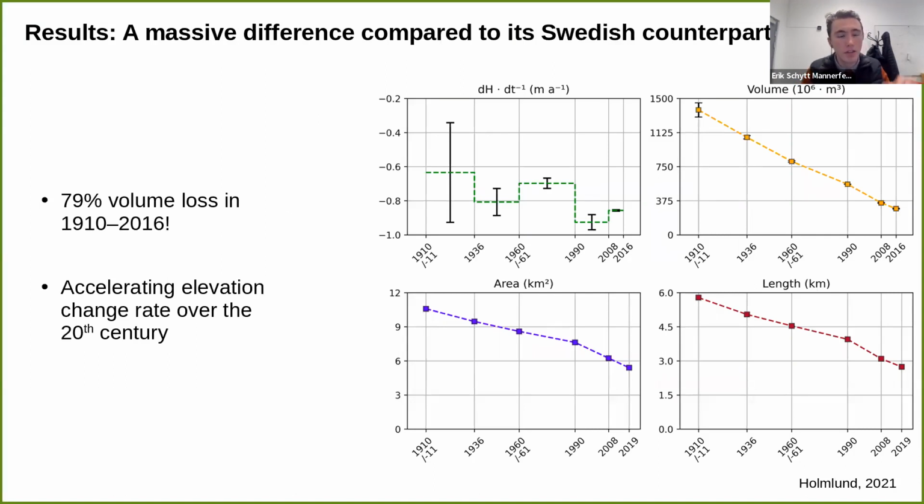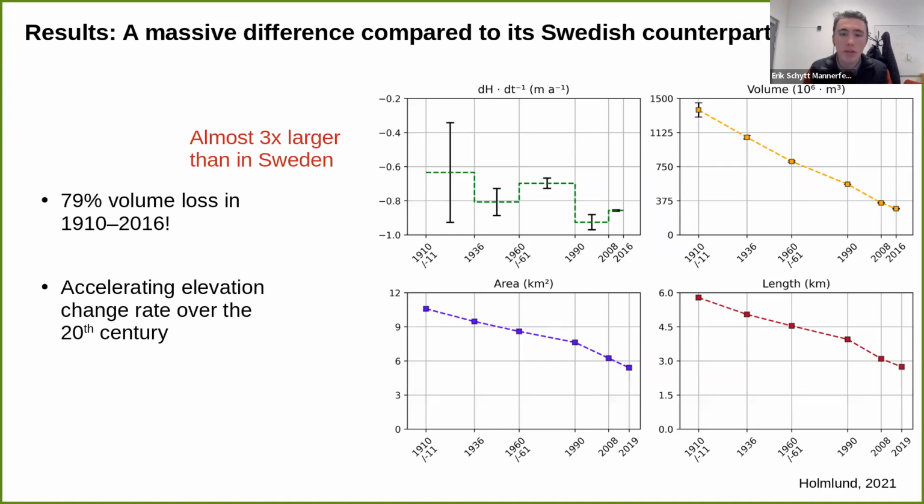And this is in a very comparable interval to this counterpart in Sweden. And as you can see, it's almost 3 times larger. So that was quite surprising.